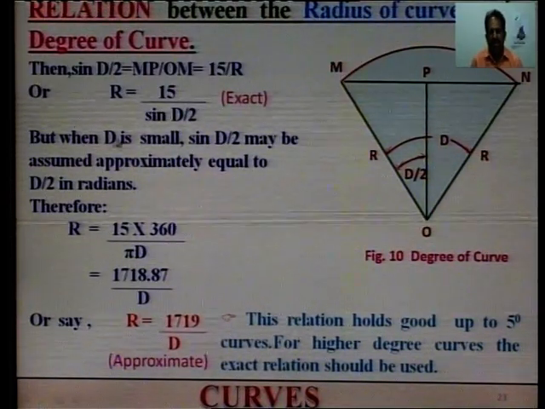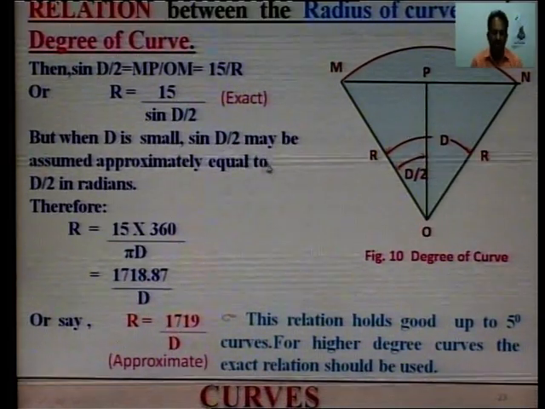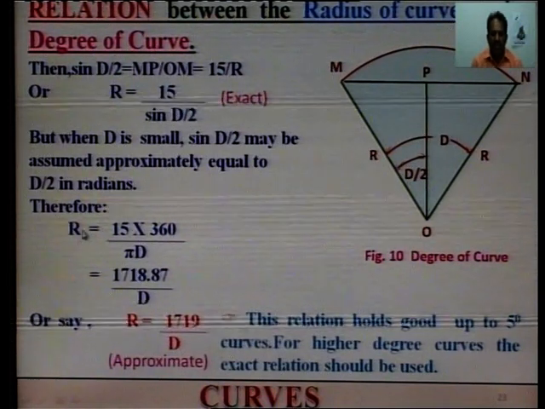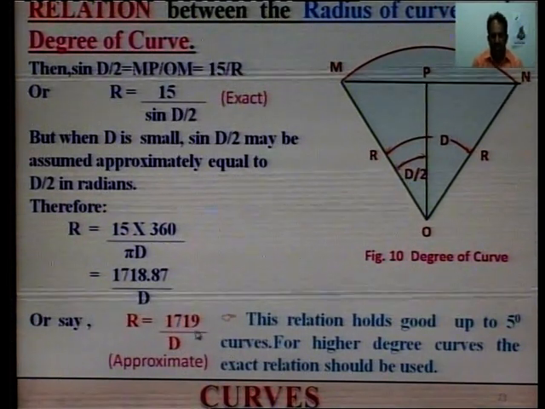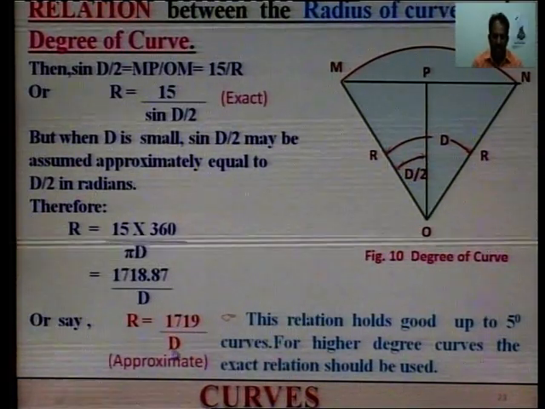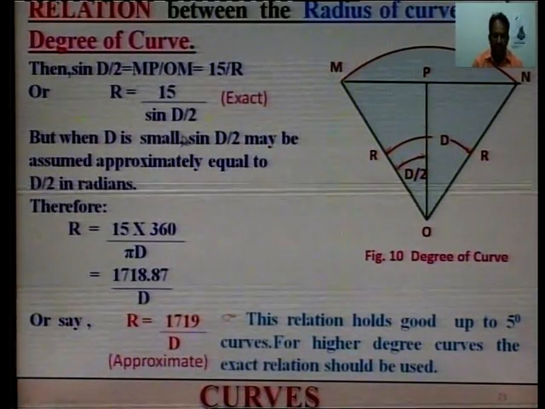So, r is equal to 15 by sin d by 2; this is the exact relation. When d is very small, sin d by 2 may be assumed approximately equal to d by 2 in radians. Therefore, we derive the formula r is equal to 1719 by d. This is the approximate relation; the exact relation is r is equal to 15 by sin d by 2.